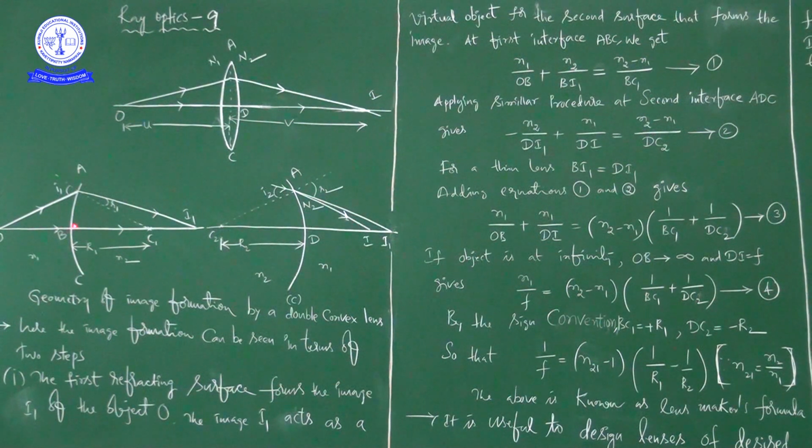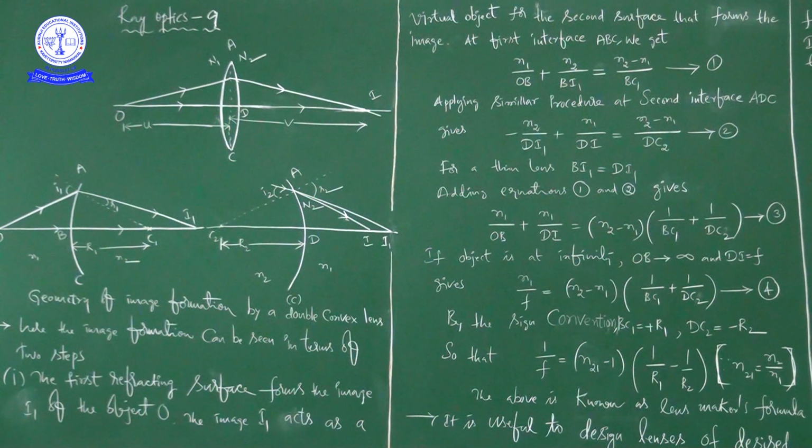So at first interface ABC, in our previous class we derived a formula for image formation, that is n2 by v minus n1 by u is equal to (n2 minus n1) by R. That is the relation which relates image distance, object distance, refractive indices of two media, and radius of curvature.